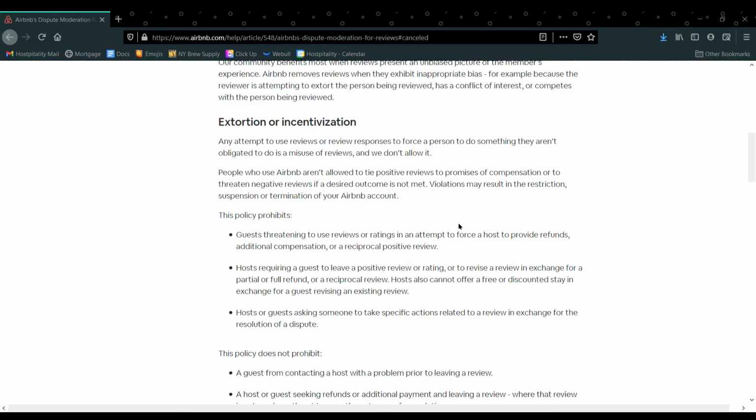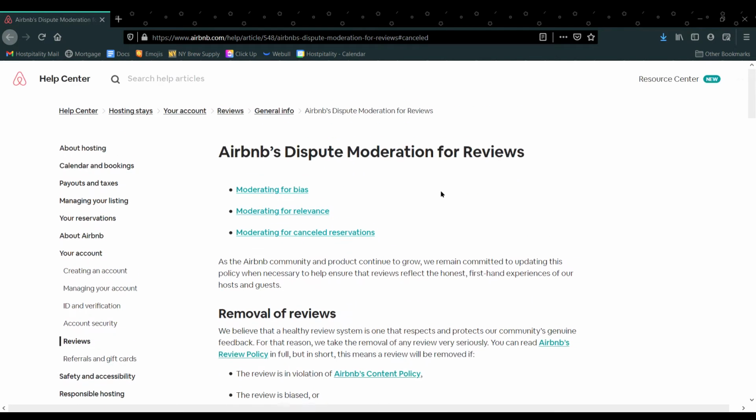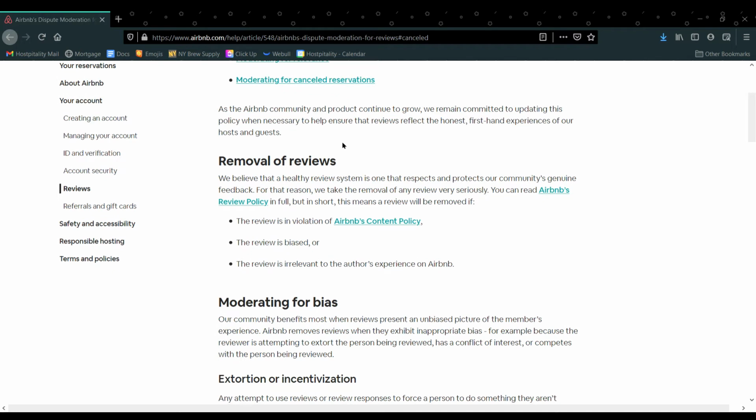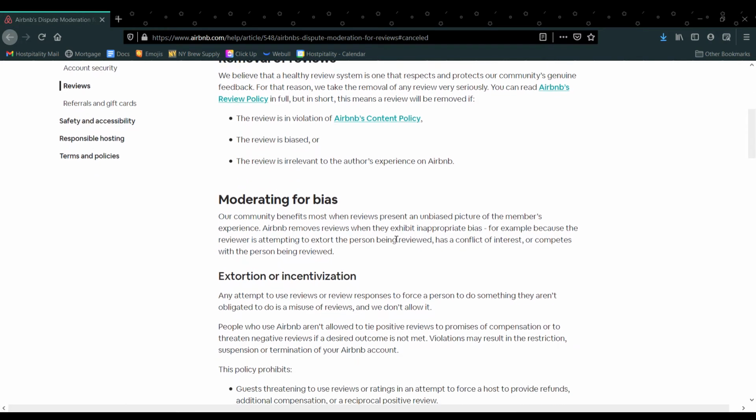So this is totally new. They revamped their policy, so it now hosts a little bit more on their moderation practices. You can see the grounds for removal of reviews: if it's in violation of the content policy, which is linked in the description, if it's in violation of the overall Airbnb review policy, if it's irrelevant, or if the review is biased.